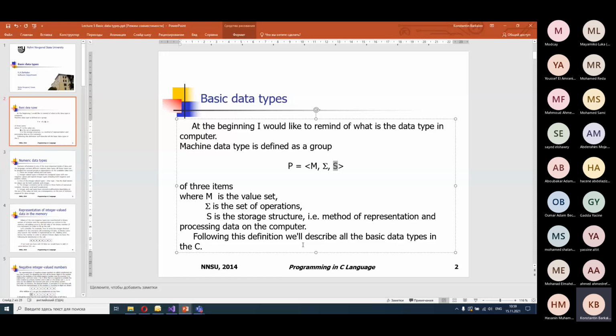So it is the method of representation and processing of data in a computer, in a programming language. And following this definition, we will describe all the data types in the C language.